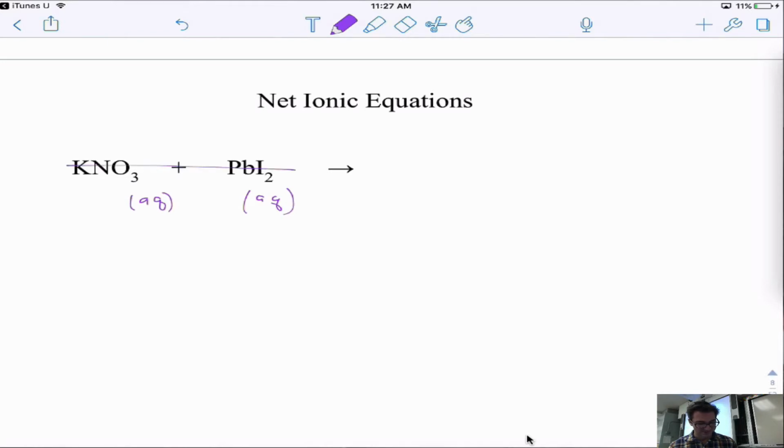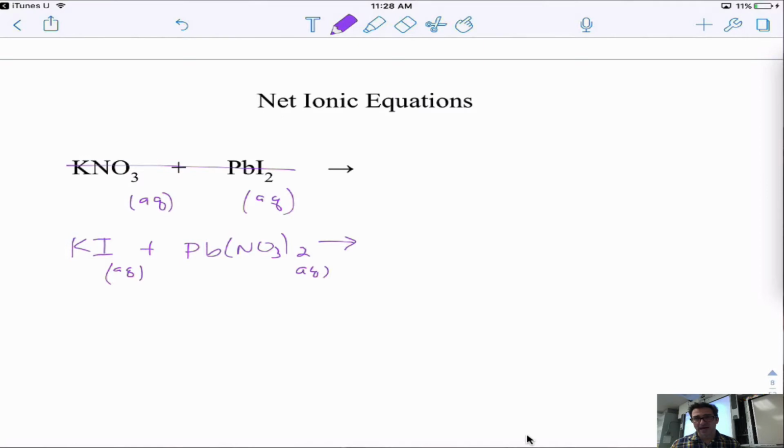We'd have something like KNO3. No, that's wrong, sorry. We'd have KI plus Pb(NO3)2. These are both aqueous. Now both of these solutions exist as ions, and we'll deal with that in a little bit.